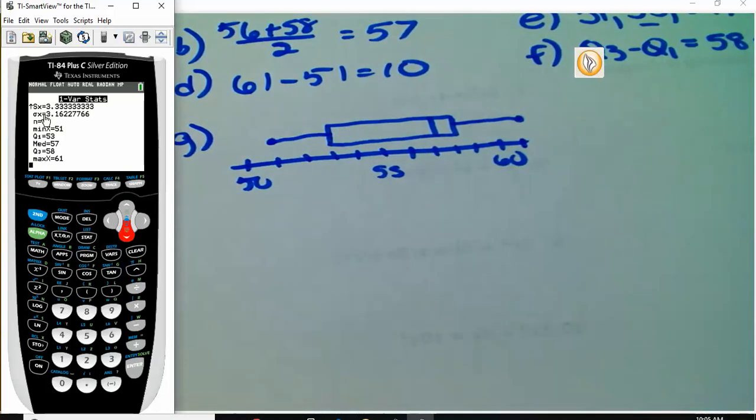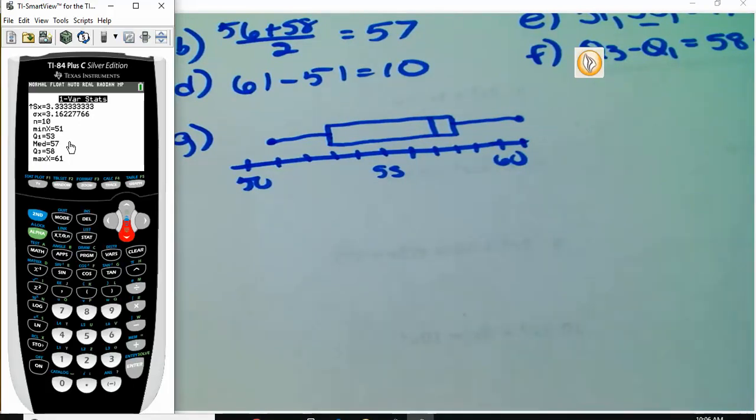Standard deviation on your calculator, you have two options. You have an S sub x and you have a sigma sub x. The sigma, the only time you use that is if you know it is the entire population. You know for certain every single value is included in it. So that's going to be pretty rare. I just said this was a set of scores, so is it every single one?